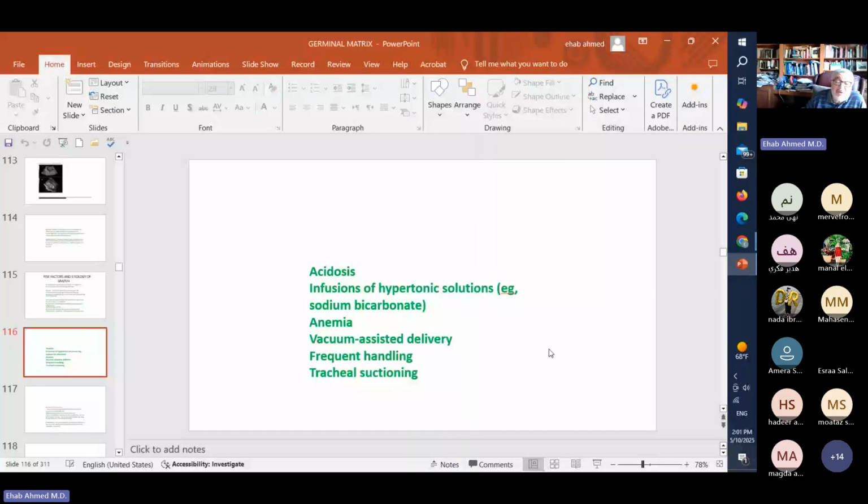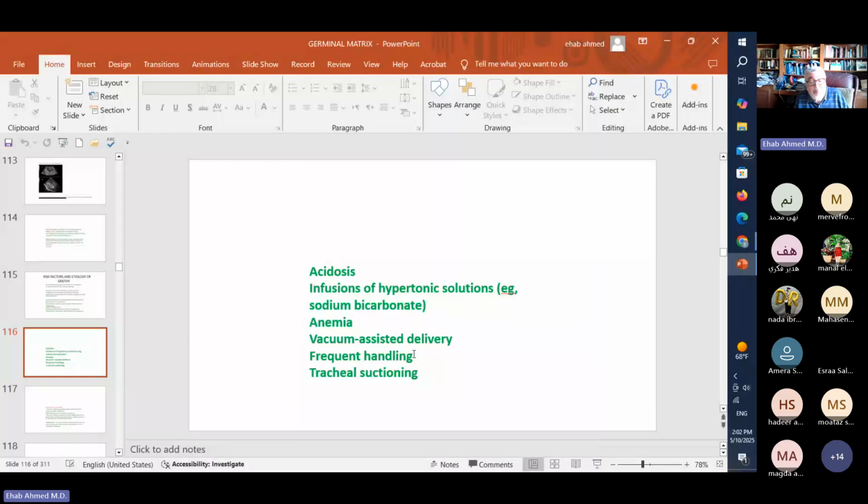Of course, vacuum-assisted delivery, this is antenatal. Frequent handling. Yes, if you have a preterm baby, don't let the nurse go every second and do something to the baby and move the baby up and down, right and left. The movement of the baby is too much, is not good for the GM-IVH.